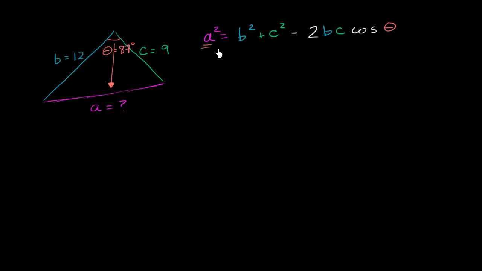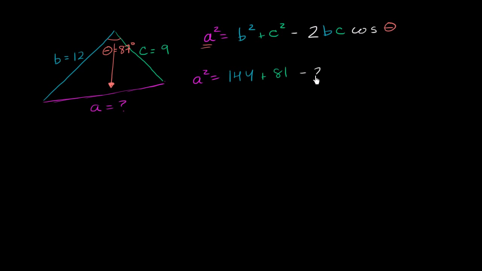So now let's solve for a because we know what b, c, and theta actually are. So a squared is going to be equal to b squared, so it's going to be equal to 144 plus c squared, which is 81, so plus 81 minus 2 times b times c.